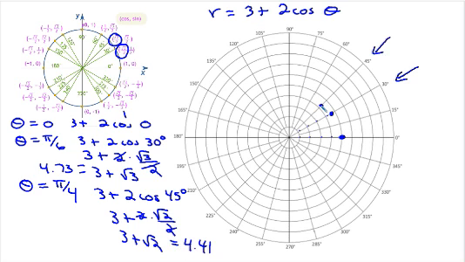So we've done 0, pi sixths, and pi fourths. It would make sense to do pi thirds now. I'm going to go to another screen so I don't make this totally messy.